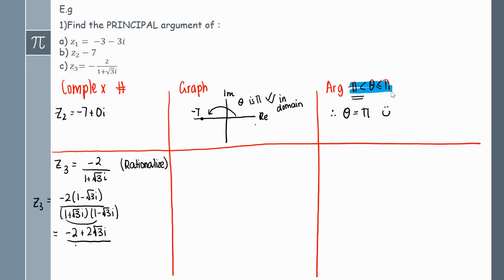On the numerator, we'll get minus 2 plus 2 root 3i. And on the denominator, we'll have 1 minus 3i squared. But recall that i squared is really just a negative 1. So on the denominator, we'll be left with 4.